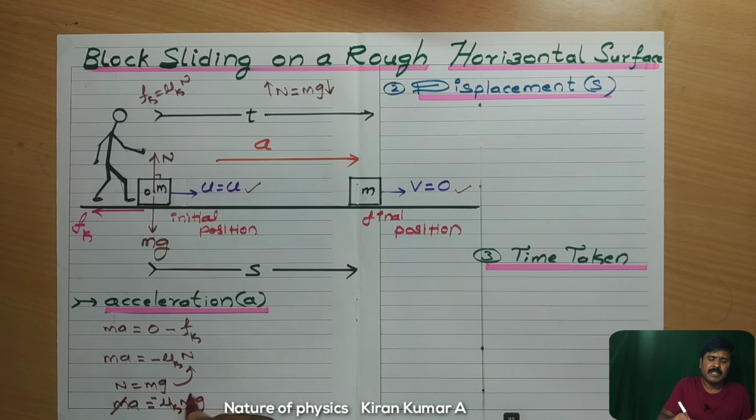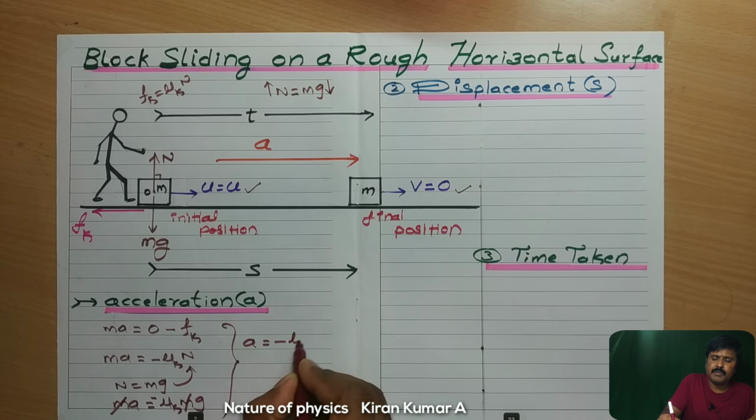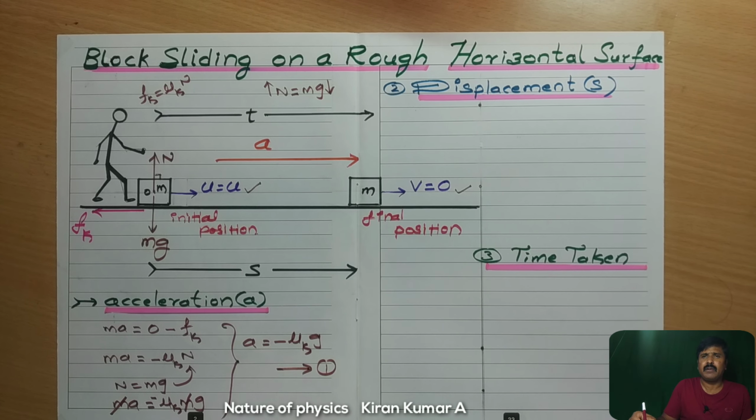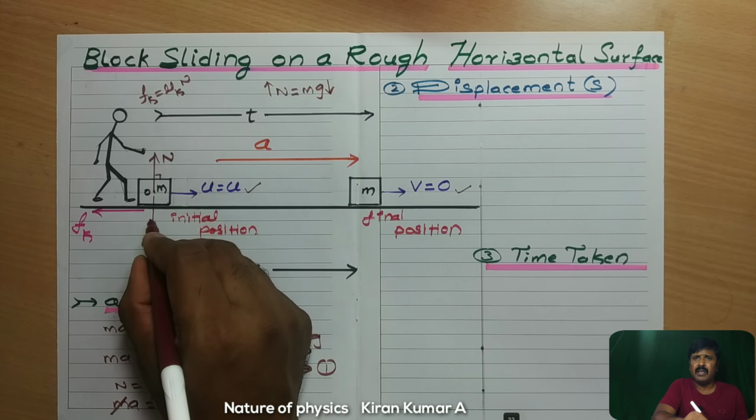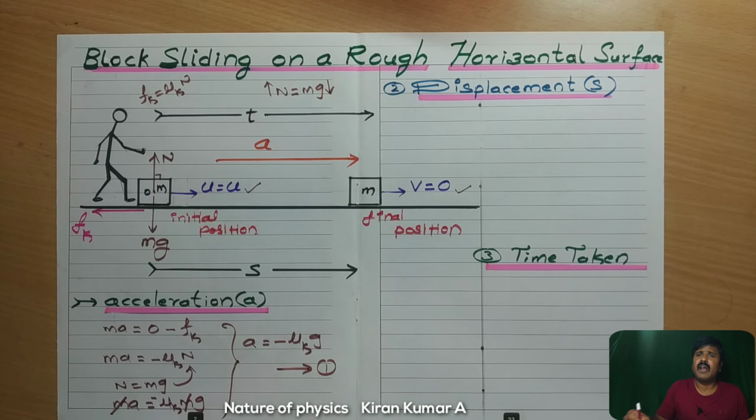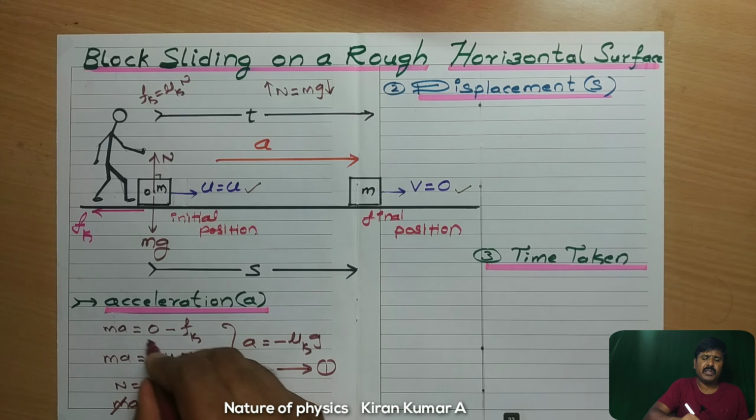The m gets cancelled, and the acceleration is a equals minus mu k into g. This is equation number 1. So the acceleration of the block is a equals minus mu k into g. Try to understand, the force is applied only once, so a continuous force is not acting; that's why along the direction of motion there is no applied force.